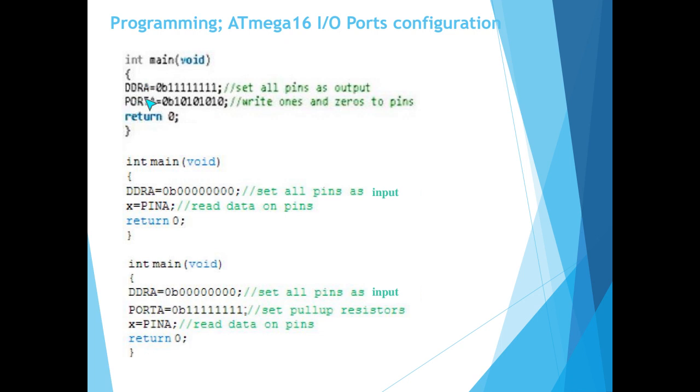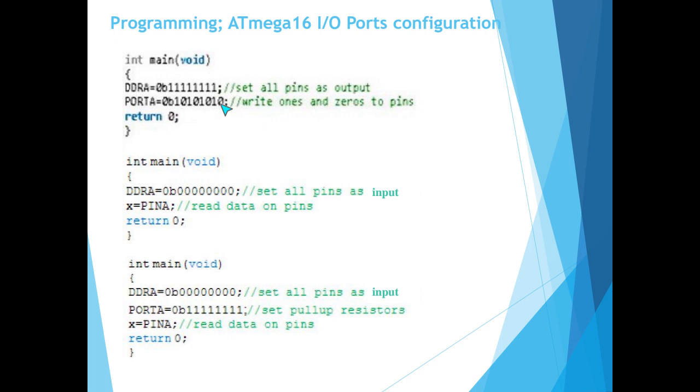So PORTA is equal to 0B10101010. Also, this register includes how many bits? 8 bits. Because we are using binary numbers, 8 logic 0s and 1s are included here.